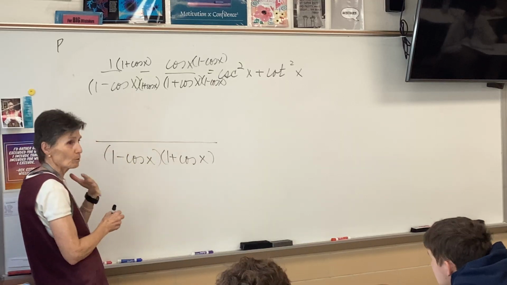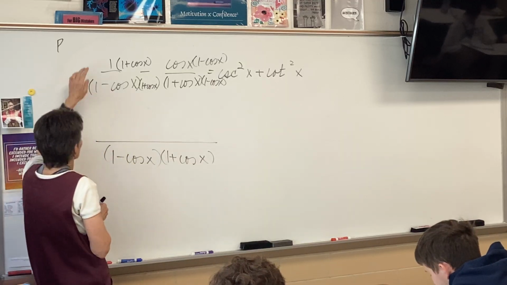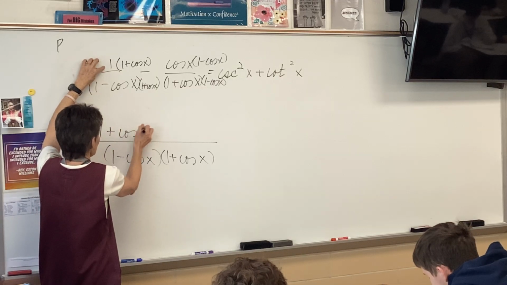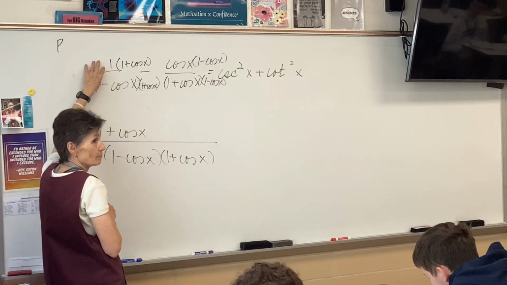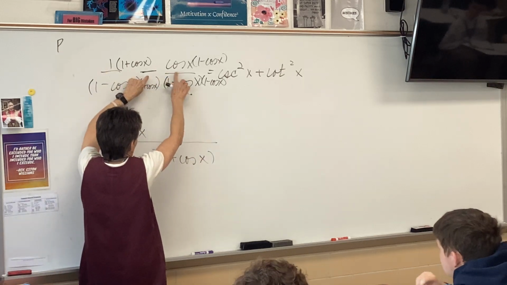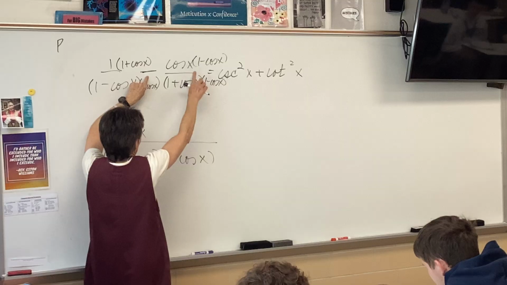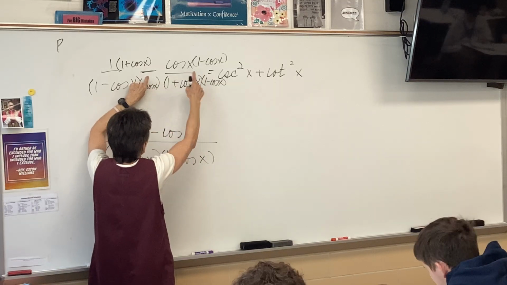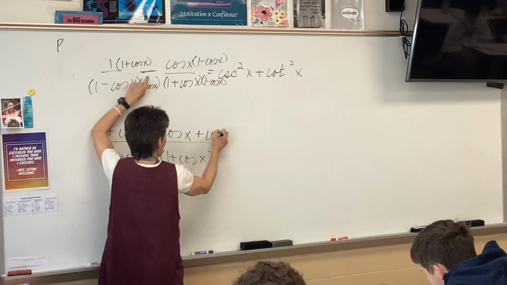Now, what's my numerator then? Well, this part would be 1 plus cosine. And then there was a minus in there. So this part, distribute, so this will be minus cosine plus cosine squared.